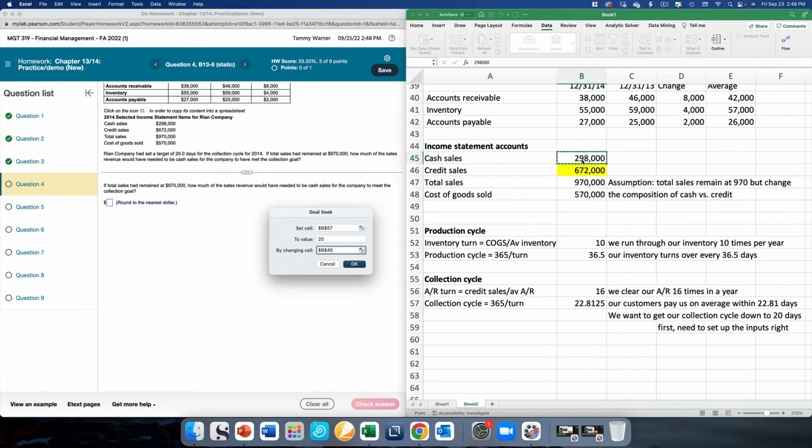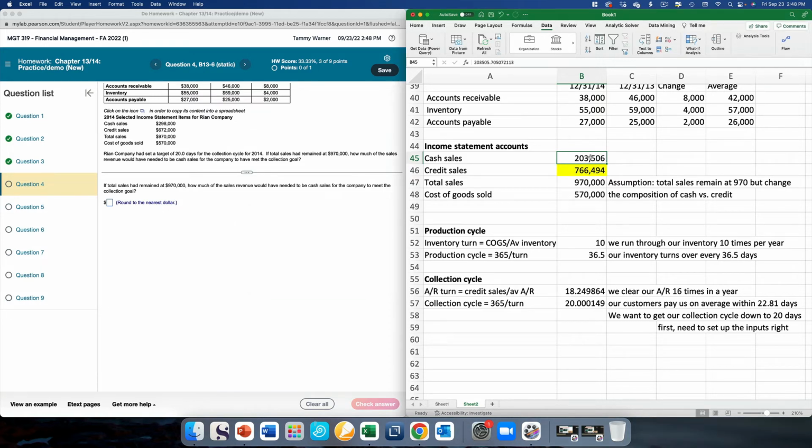And what'll happen when I hit OK, if you look closely, you'll see Excel run through. It iterates until it converges on the answer. See that? So now we have the answer.